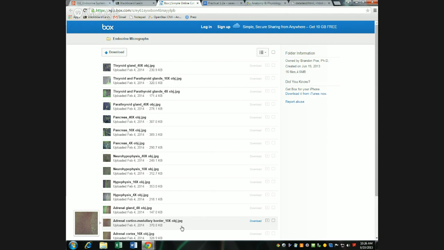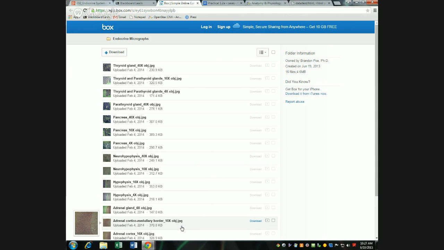Before I actually start talking about these particular glands, I just want to talk about what the endocrine system is and what those glands are. Let me use this torso model for a second, just to point this out.